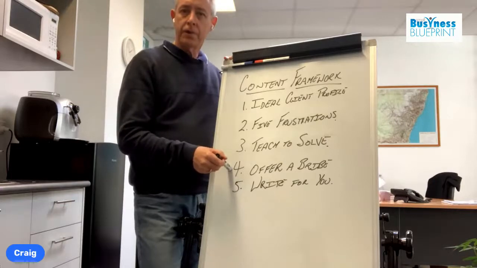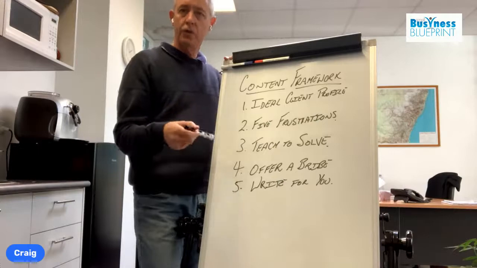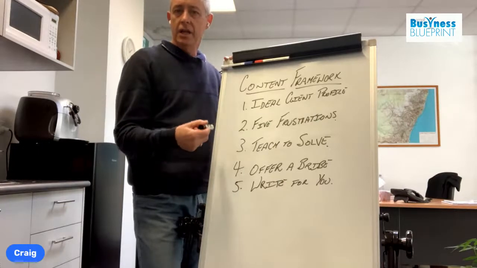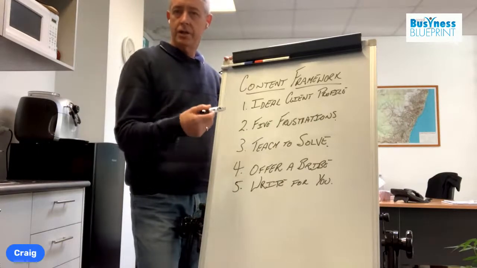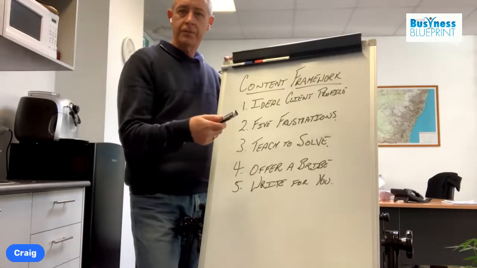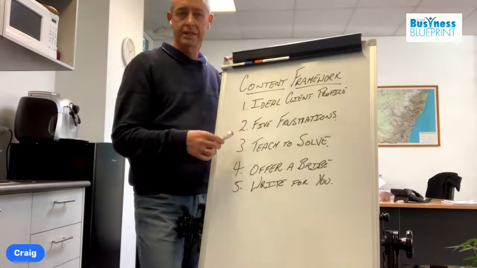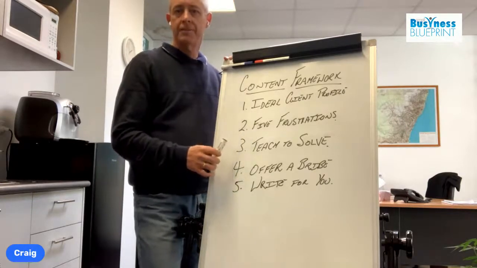The fourth, offer a bribe or a call to action. And the 5th, write for you, or write as though you're writing one-on-one to help another business owner, a friend, an associate, a colleague, to help them improve their life, their business, whatever the purpose of your content is. So I hope you found that helpful today.